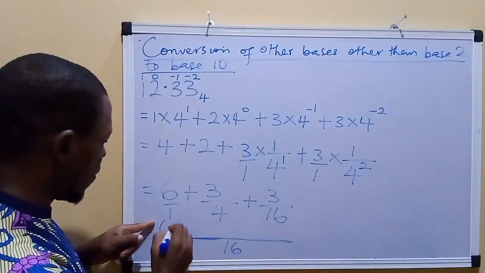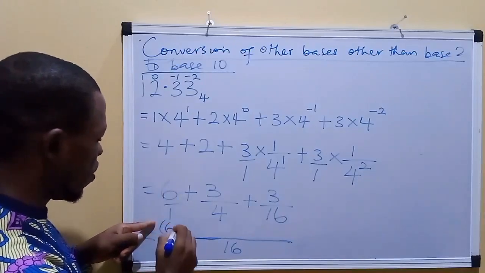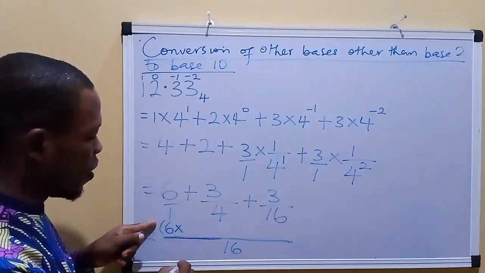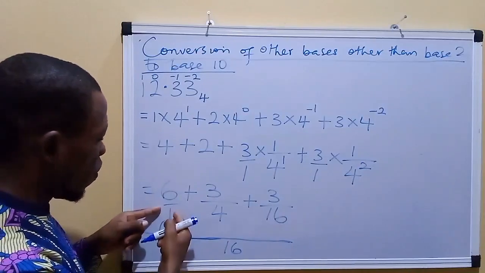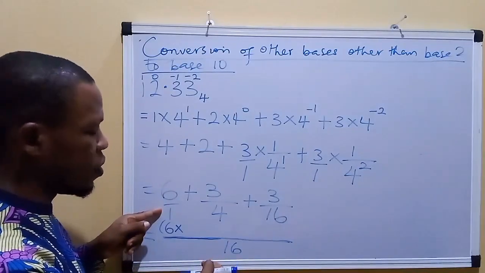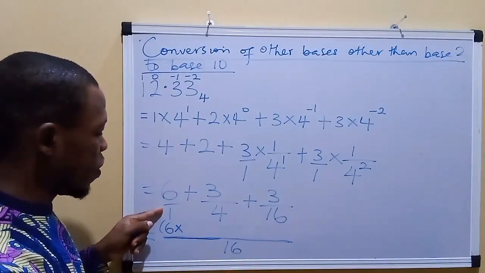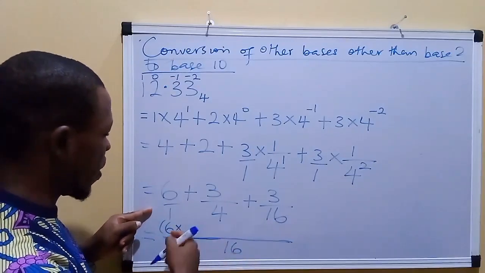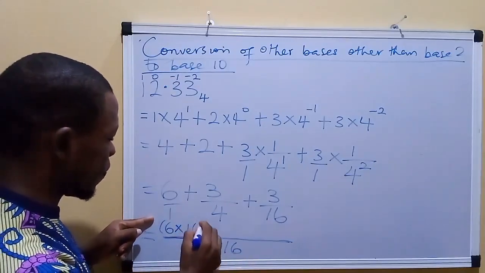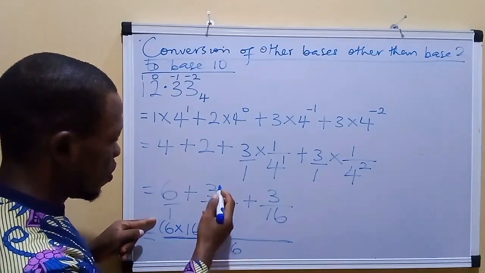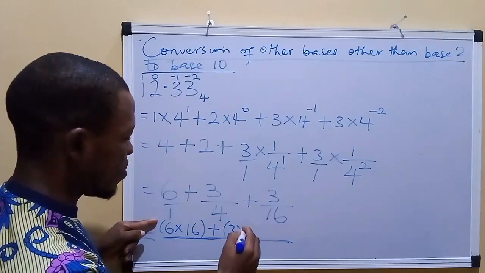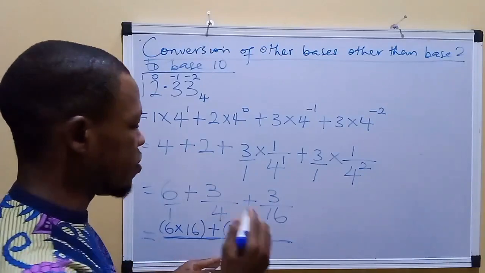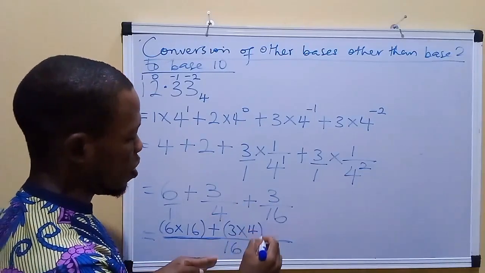We have 6, the numerator here, multiplied by the quotient from 16 divided by 1, which gives us 16. So we have 6 times 16. Plus the numerator here, 3 times 4, where 16 divided by 4 gives us 4. So we have 4 here.